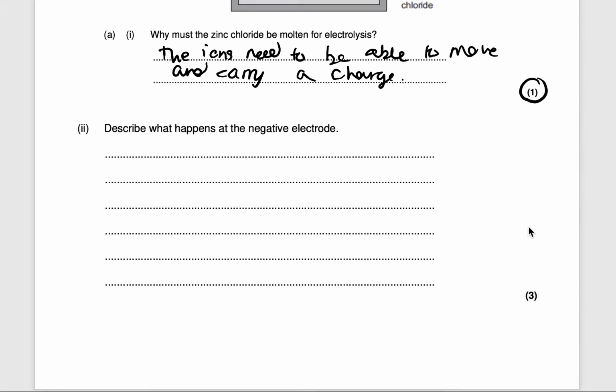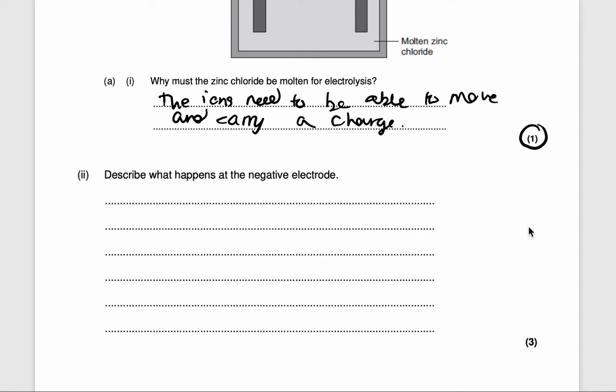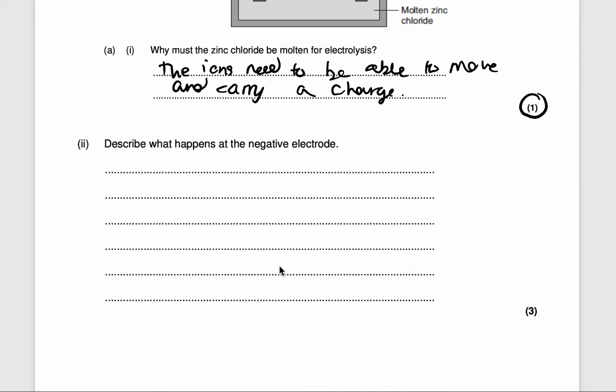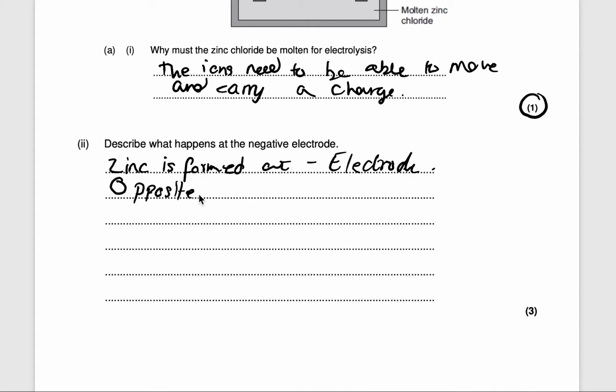Describe what happens at the negative electrode. So it's zinc chloride, and it's molten. So at the negative electrode, zinc is going to be attracted. So zinc is formed at the negative electrode. Why? Because opposite charges attract.